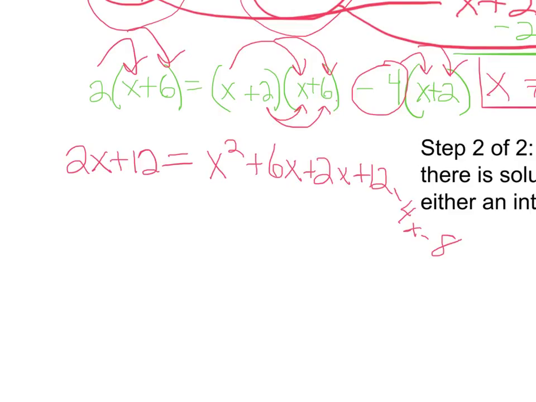Okay, so on the right side we've got some like terms that we can put together. We've got 6x, 2x, and negative 4x. We've also got 12 and negative 8 that we can put together.